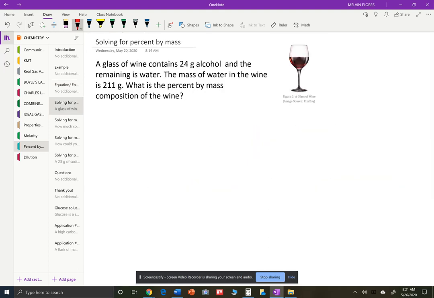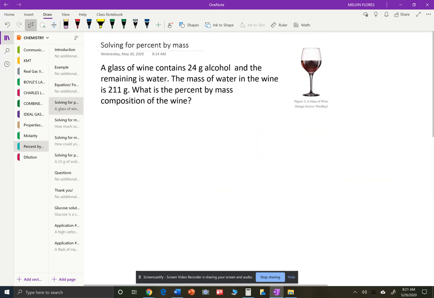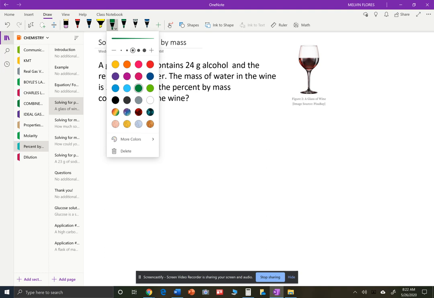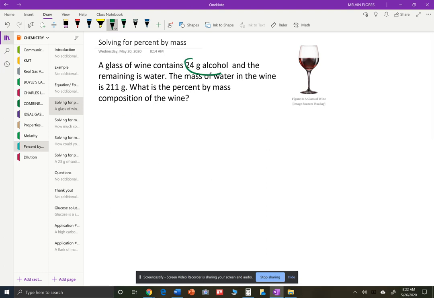Let's take a look at this first example for solving the percent by mass of wine. A glass of wine contains 24 grams of alcohol and the remaining is water. The mass of water in the wine is 211 grams. What is the percent by mass composition of the wine? The given, we have 24 grams of alcohol.